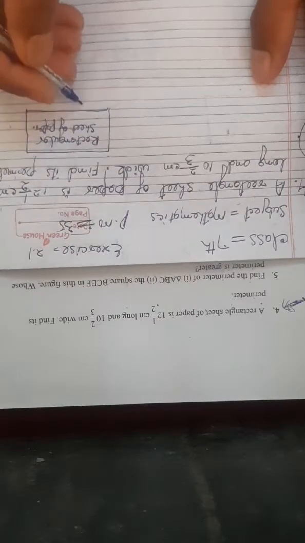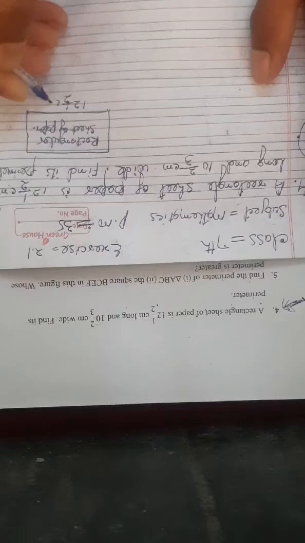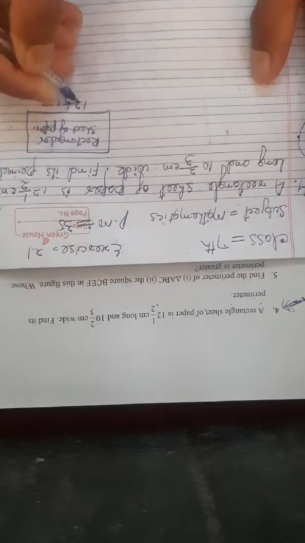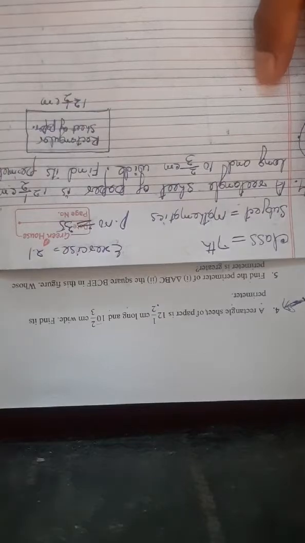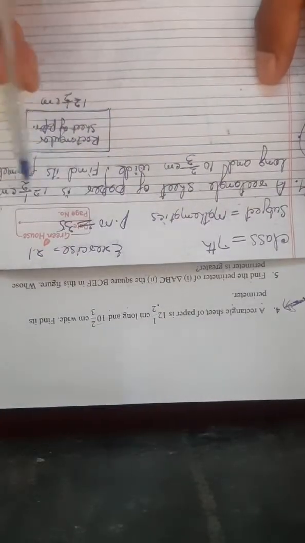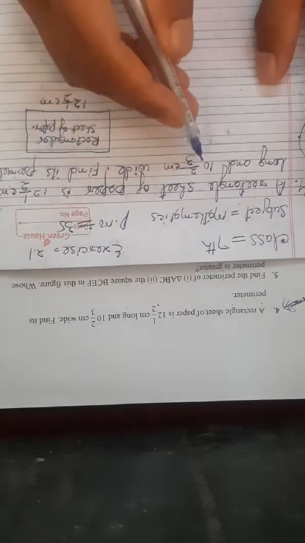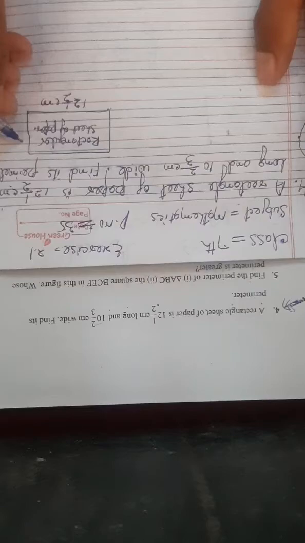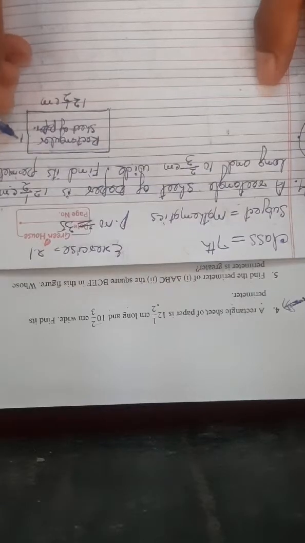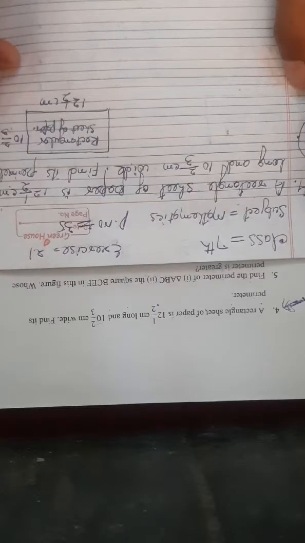Here the length is 12 and 1 by 2 centimeter. This is in mixed form, then we will convert this into an improper fraction. And 10 and 2 by 3 centimeter. Wide means width, whatever you can see. 10 and 2 by 3 centimeter.